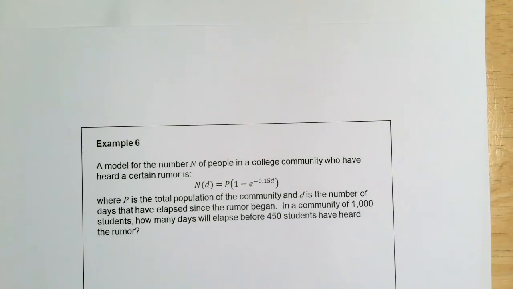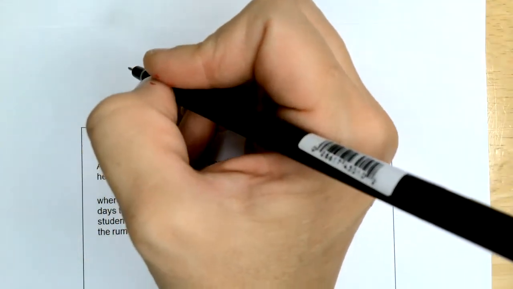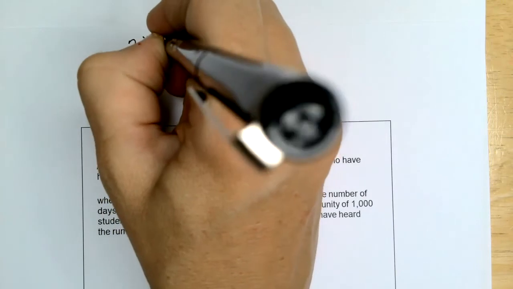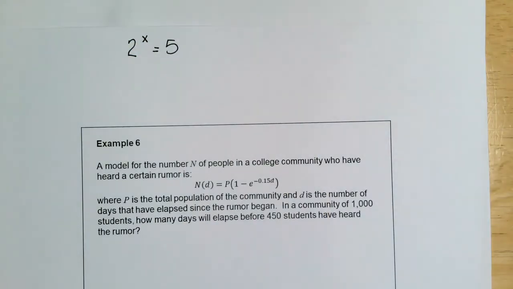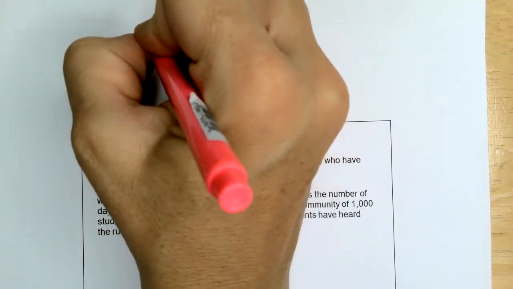Let's go back, before we get to example 6, because it's not in the same theme, to this original: 2 to the power of x equals 5. Do we know how to solve? Yeah. We just go in circles. There's the base.